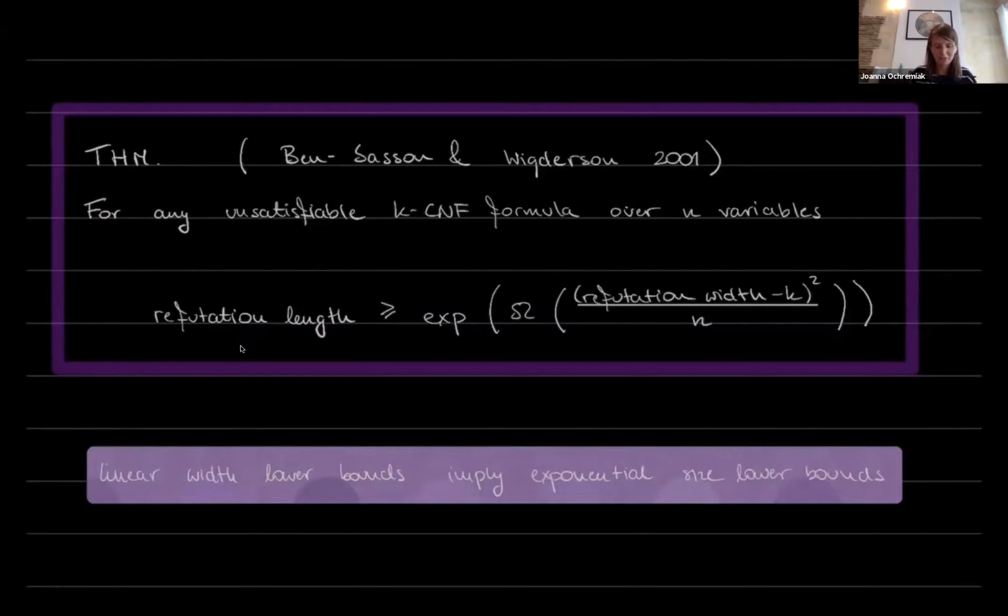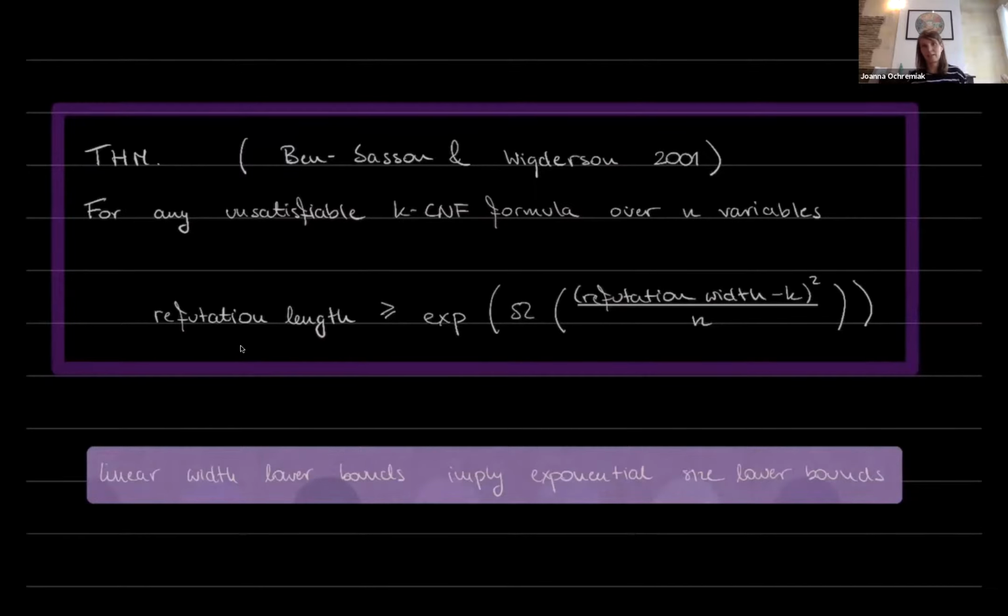The statement of the theorem is a complicated formula, but basically the corollary is that if you manage to prove a linear lower bound on width, that is, that whenever you have a resolution refutation of some formula, there will be clauses in this refutation which are big, with a linear number of variables, then this implies that any resolution refutation has to have an exponential size.